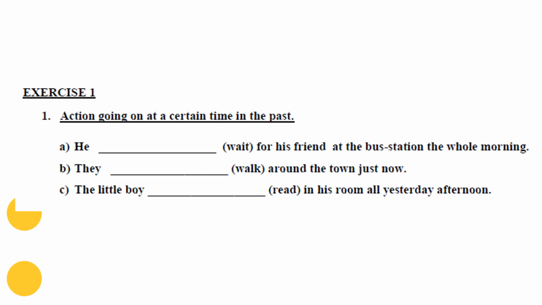So for exercise 1, I have divided this exercise into 3 parts, for you to see that the past continuous tense 记得是用 was were 加 ing 的 okay, is used to show number 1, action going on at a certain time in the past. 就是那时候正在 So like the whole morning, just now, all yesterday afternoon 都是强调那时候他正在 So can you please write your answers on your own? Was were with ing, don't forget.